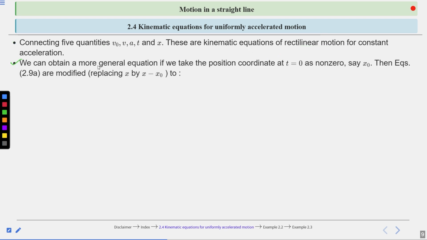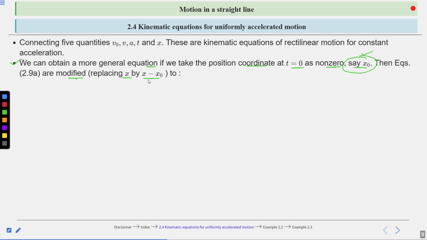We can obtain a more general equation if we take the position coordinate at t equal to 0 as non-zero, say x naught. So here at t equal to 0, we consider x naught. Then equations 2.9a are modified by replacing x by x minus x naught.